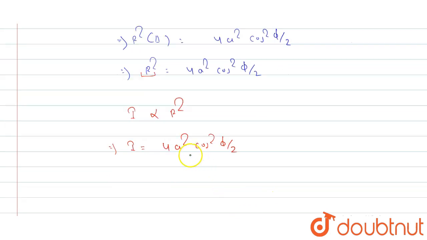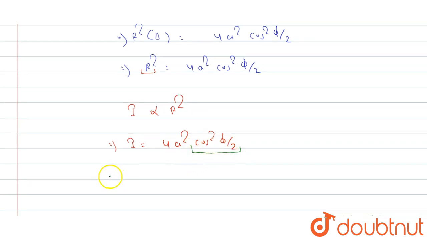Now we have to find the maximum intensity, right? And for maximum intensity, the value of cos square phi should be maximum, and the value of cos square phi by 2 is 1, right? That implies the maximum intensity we have found is 4A square. This is our expression. Thank you.